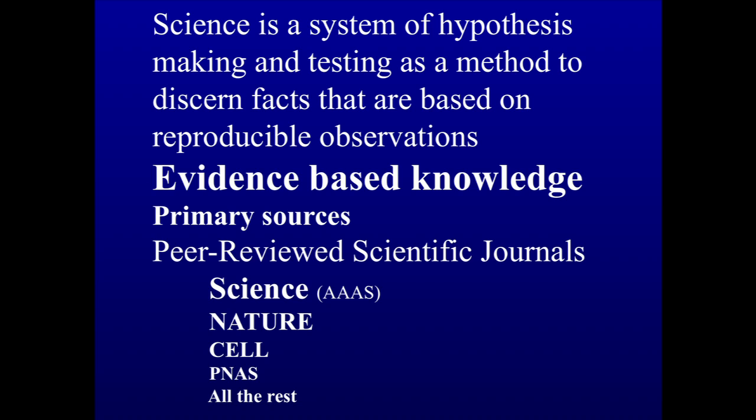So to do this, basically we will be relying on peer-reviewed journals. And here I've listed some of the top peer-reviewed journals in science. And when I say peer-reviewed, sometimes this is misunderstood as reviewed by a bunch of your friends. They're hardly your friends. Peer review is really a consortium of people that are capable and competent to review your work.